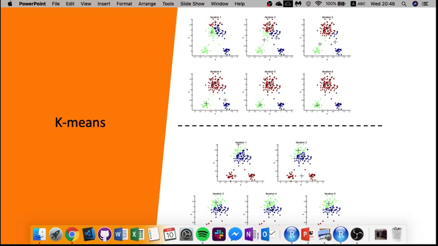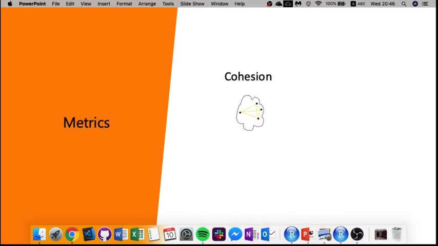The most commonly used metrics to recognize if the algorithm's output was good or not are cohesion, which measures how closely related the points inside a cluster are, and separation, which measures how separated from each other the points from different clusters are.